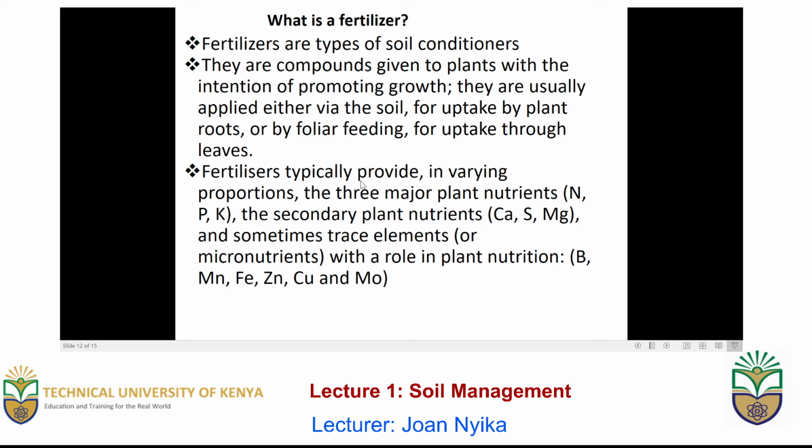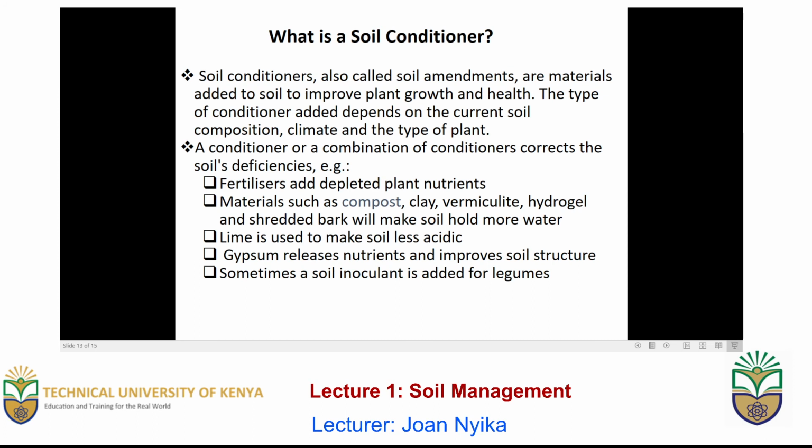Fertilizers typically provide a variety of nutrients. Mostly, they are the major nutrients such as nitrogen, phosphorus, and potassium. There are also secondary plant nutrients such as magnesium, sulfur, and calcium, and some micronutrients that can be provided through fertilization.